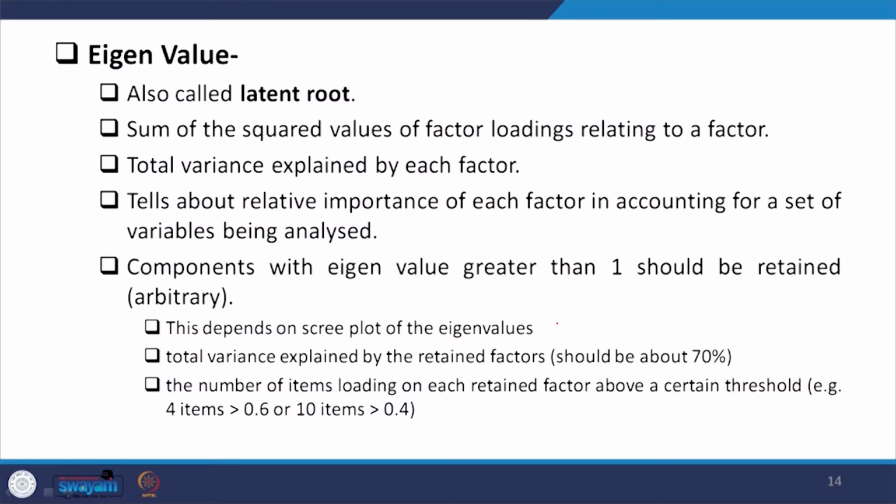In eigenvalues, we are going to count the squares of the factor loadings. The sum of the squares of the factor loadings is what is called the eigenvalue, and this is also called the latent root. Factor loading is basically the extent of the variance loaded on a particular factor.